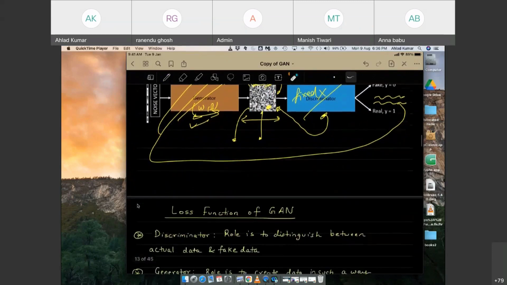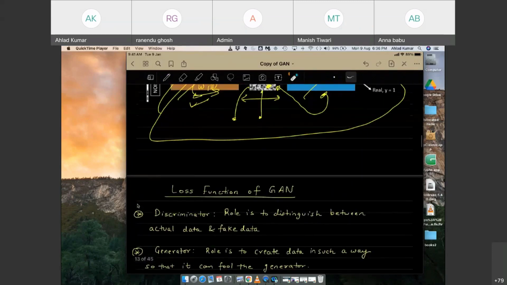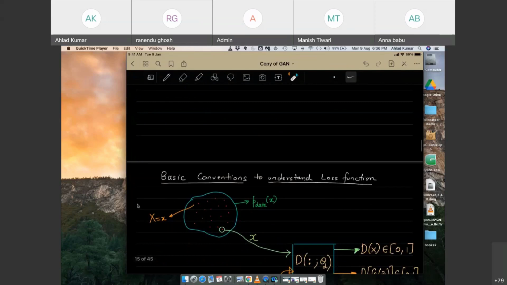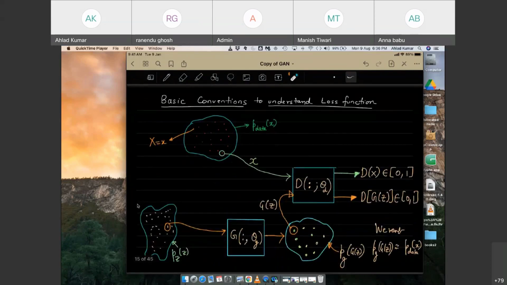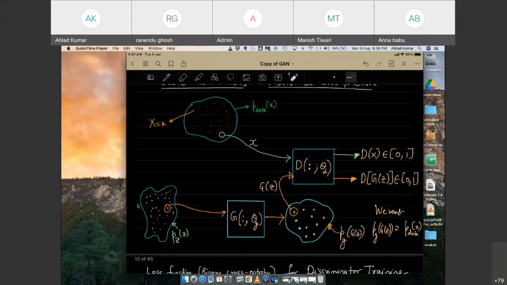Okay, so now the important part is the loss function involved in this generative adversarial network. Before going there, I just wanted to give you some terminology, because you will see this in the loss function. This is the probability distribution Pz of z, which is known to you. Then we have a generator G, which takes two arguments.